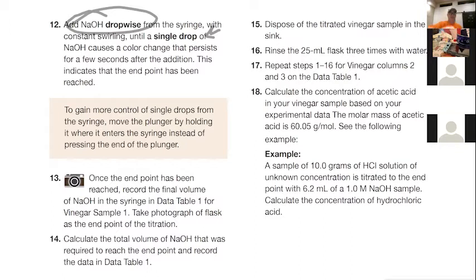Then we rinse the flask 3 times and repeat it 2 more times. So you do it with the vinegar that's been provided, and then 3 times with a vinegar of your choice: white wine vinegar, apple cider vinegar, rice vinegar, whatever it is you have.